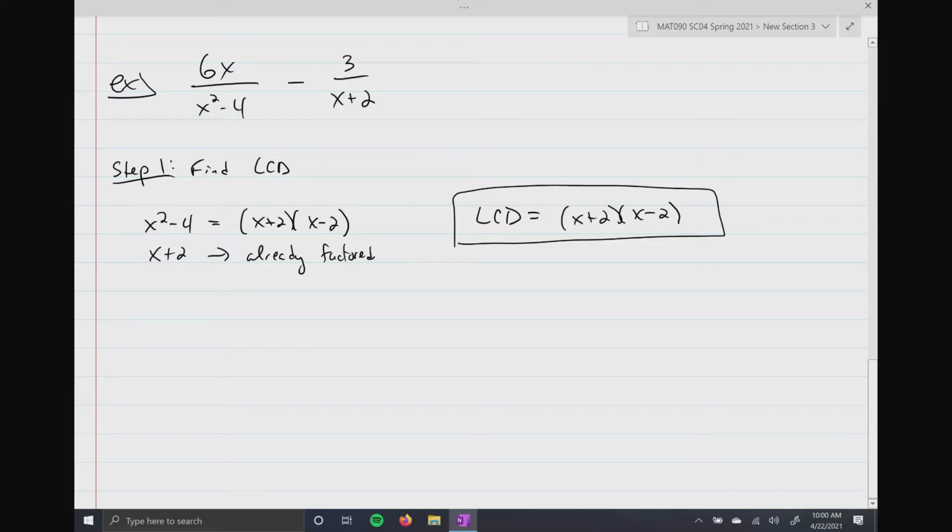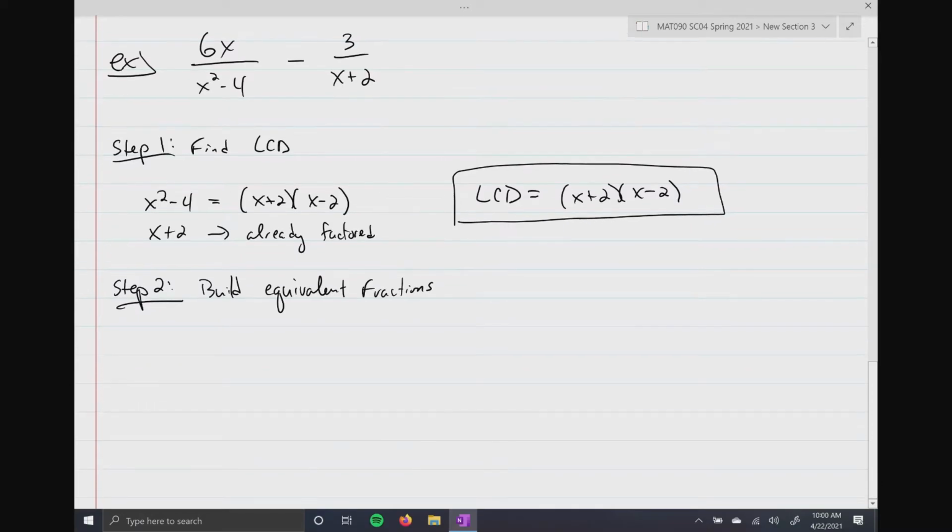Step 2. Let's build our equivalent fractions. All right, so here we go. My first fraction is 6x over x plus 2, x minus 2.